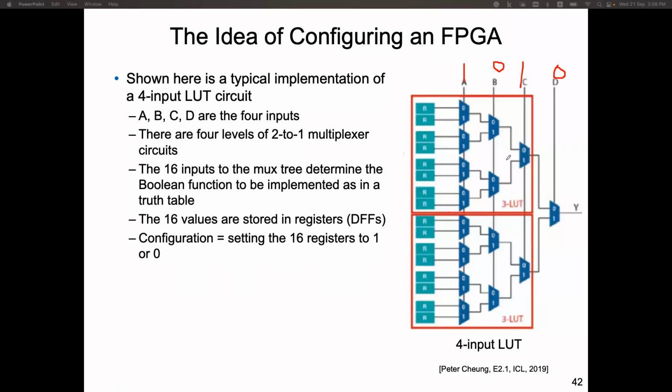D is 0, so the upper path will be selected. C is 1, so the lower path is selected. B is 0, so the upper path is selected. A is 1, and this path is selected. So the memory stored in this register is passed to the output. And each path is uniquely defined by the address.